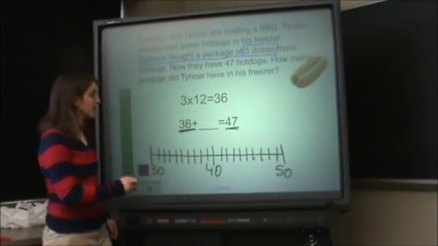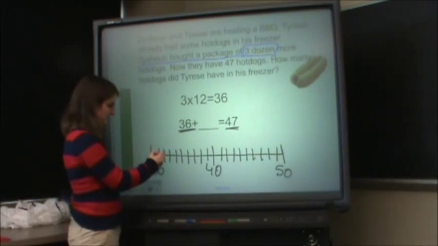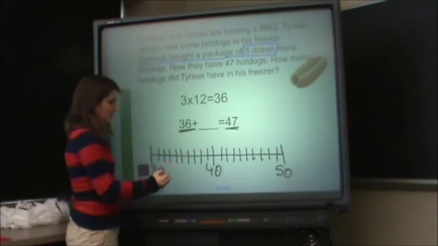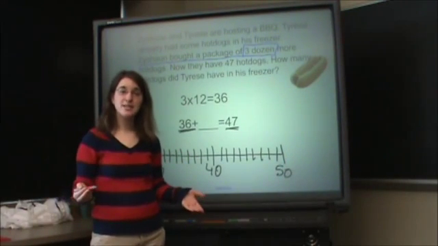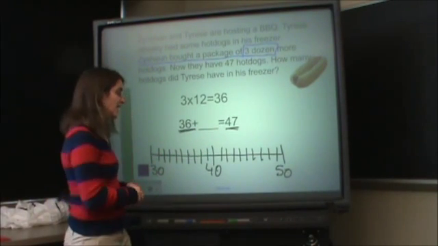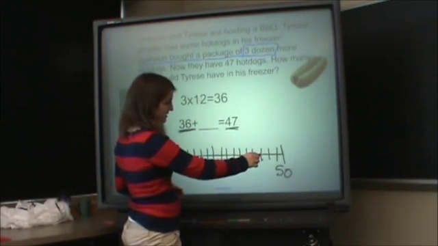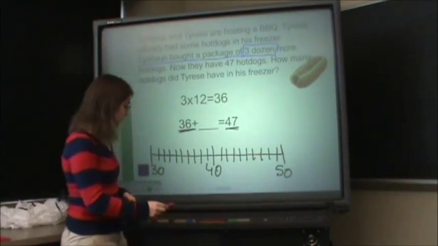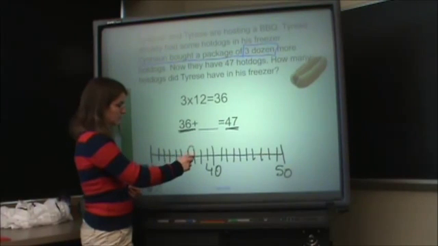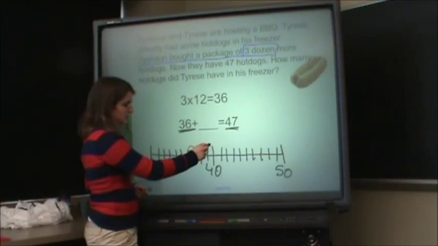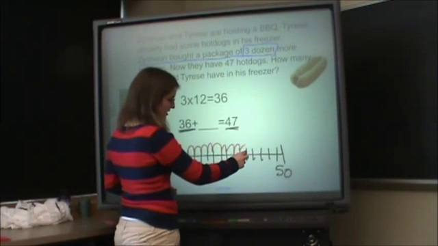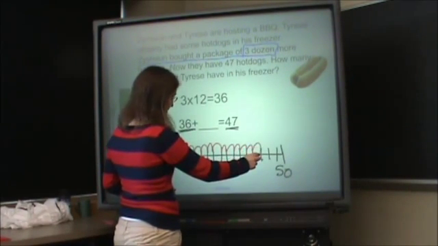So using the number line, I'm going to start at 36, right here. I don't know how many I'm going to have to jump forward, but I do know that I'm going to land at 47, which is right here. I can either jump one space at a time, 1, 2, 3, 4, 5, 6, 7, 8, 9, 10, 11.